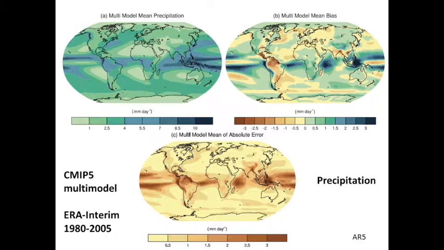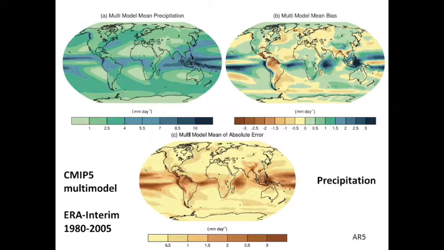But we see that there are some errors. For example, in the Amazon region, there is an underestimation of precipitation, and also in South America. And there is an overestimation over Indonesia and the Indian Ocean.